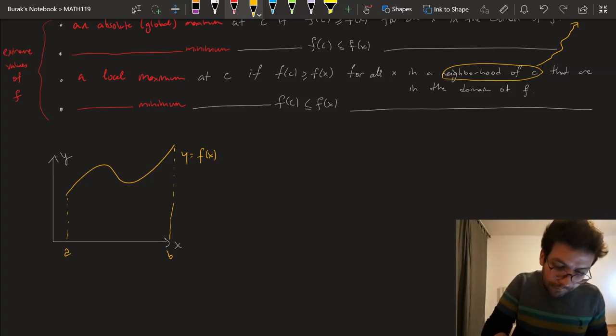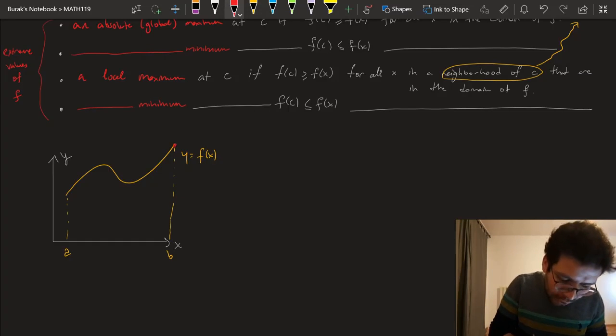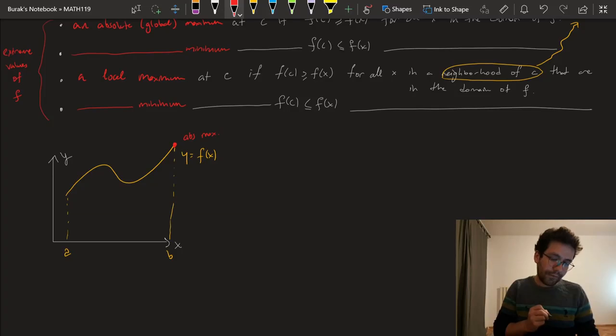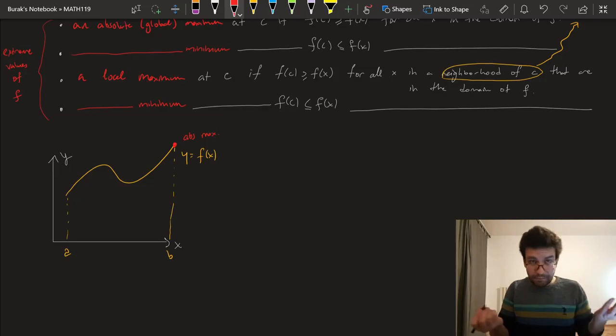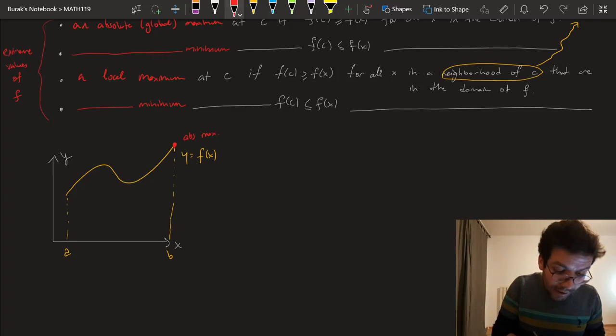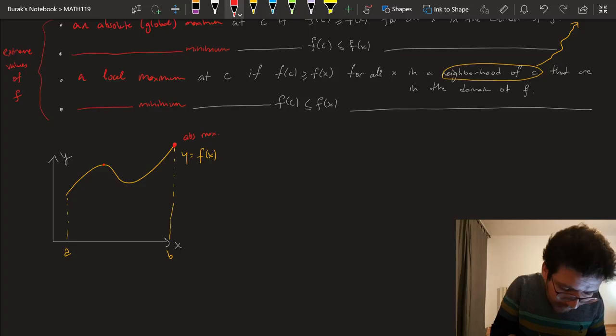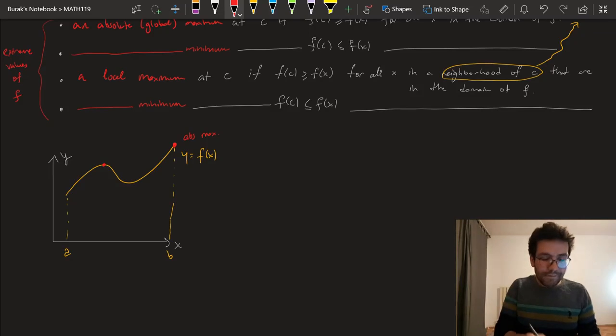Now, the absolute maximum of this function occurs at this point. Okay. So the absolute maximum of this function occurs at this point, which is also a local maximum by definition. But if you look at this point, you see this is not absolute maximum, because the value of the function at this point is less than the value of the function at this point.